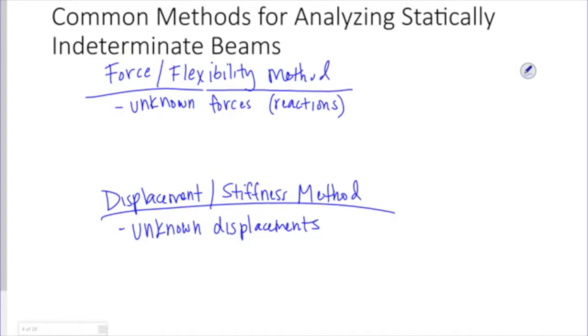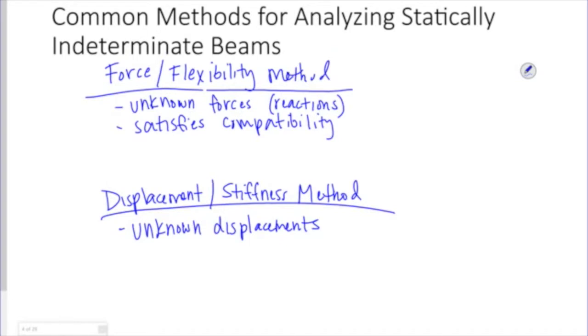So what else? The force and flexibility method satisfies compatibility, such as at the support, right? We know that at a support, a displacement has to be a certain thing. So we're being compatible with that.